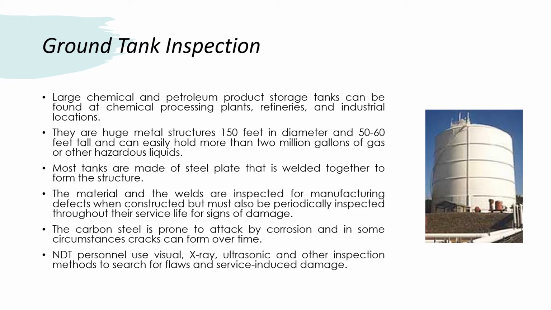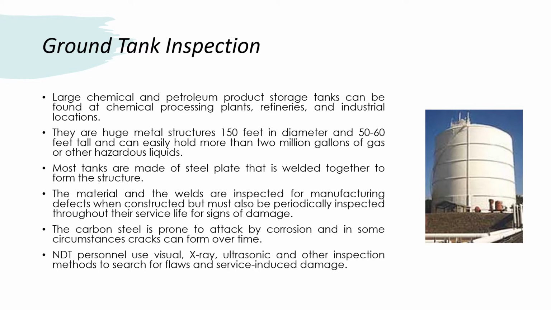Large chemical and petroleum product storage tanks can be found at chemical processing plants, refinery plants and industrial locations. So this tank is basically what you have seen above the ground or on the ground.